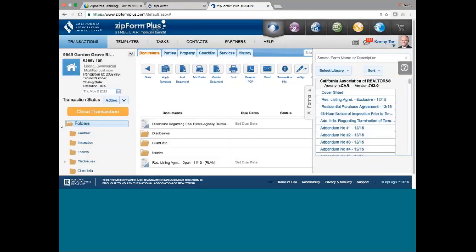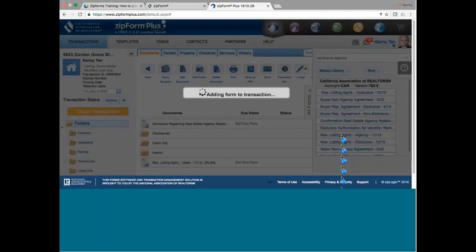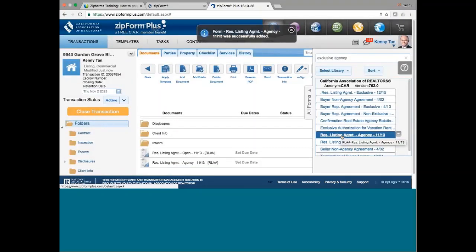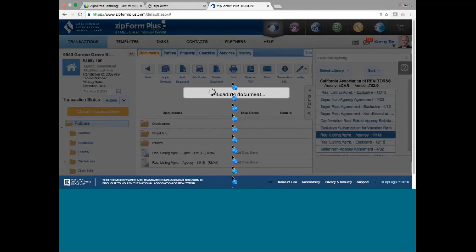It's called the exclusive agency. Do I have an exclusive agency form? I do. Here. This is the exclusive agency form. Maybe they took out the open listing, I'm not sure.